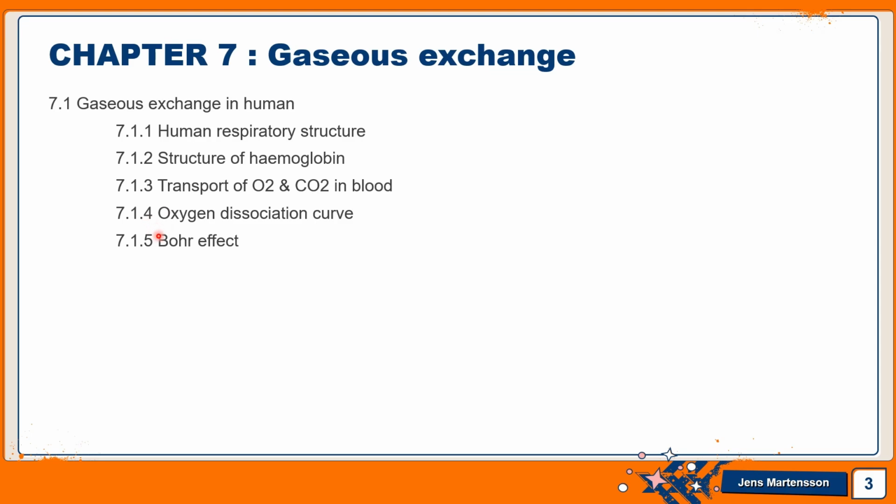And the fourth and fifth topic is a new topic, the oxygen dissociation curve. There are a total of 3 types of oxygen dissociation curve. You have to learn that. And the final topic is about the Bohr effect. The Bohr effect and the oxygen dissociation curve have a relationship. You have to learn that also. This relationship is about the carbon dioxide concentration.